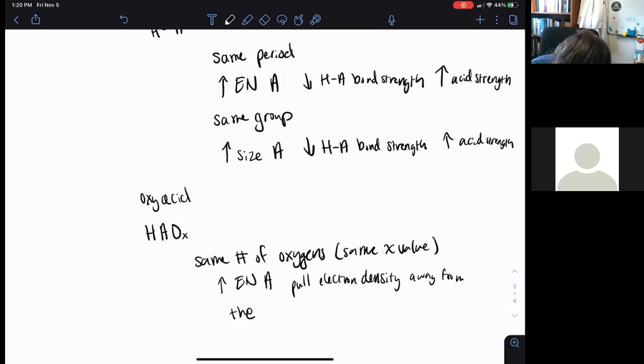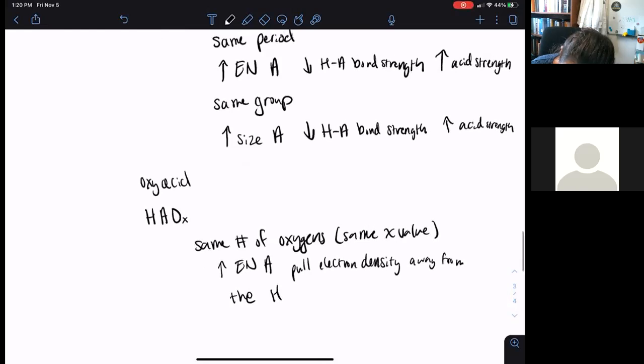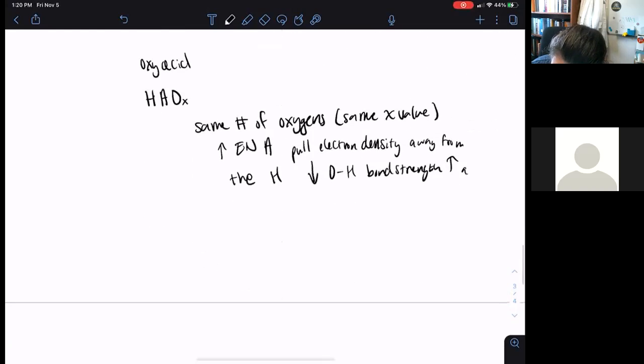And that's going to result in a weaker OH bond strength, which will result in a greater acid strength.